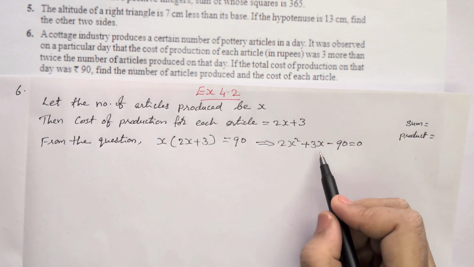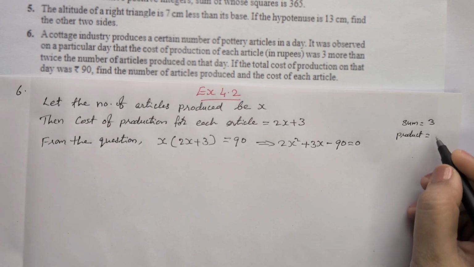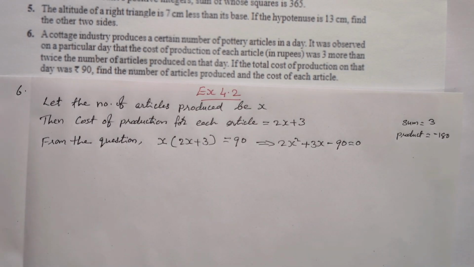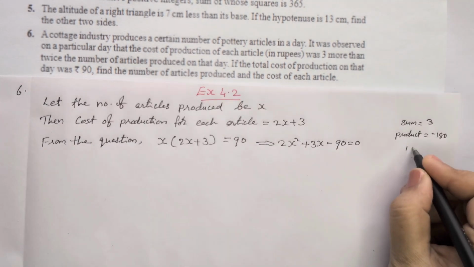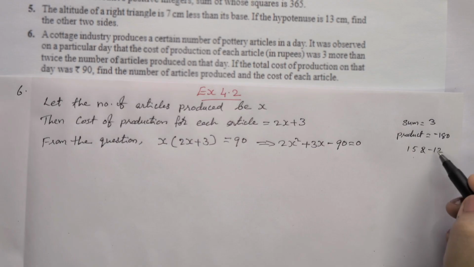Here 3 is the sum and product is minus 180. You have to find two numbers. So 15 and minus 12. We will get sum as 3, product as minus 180.